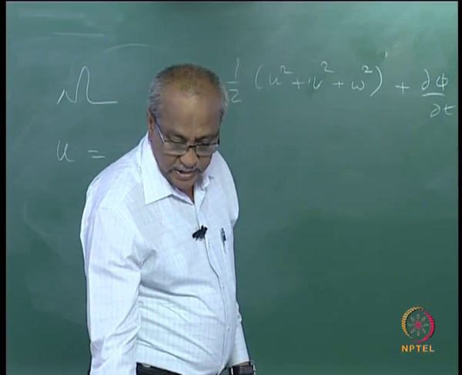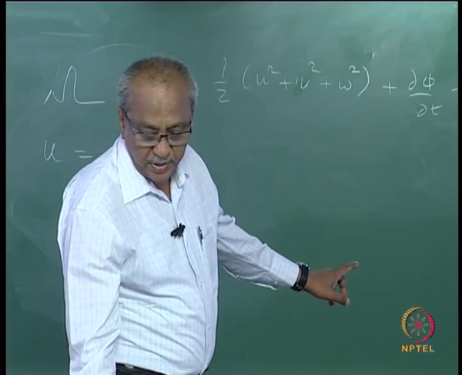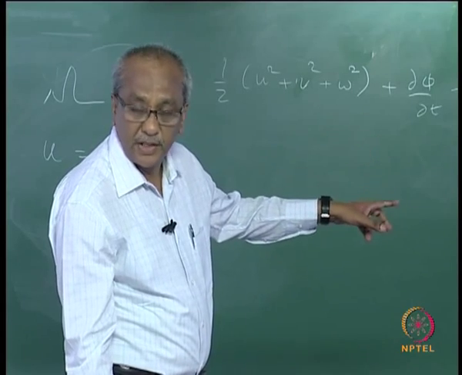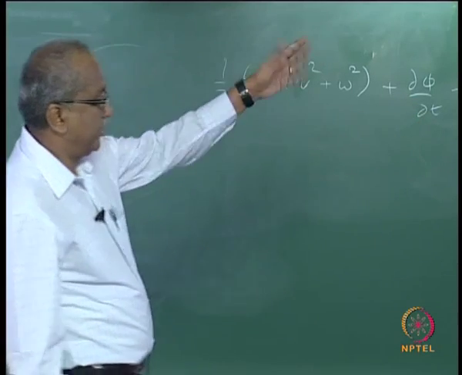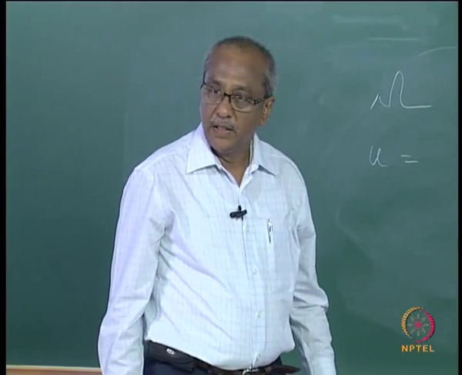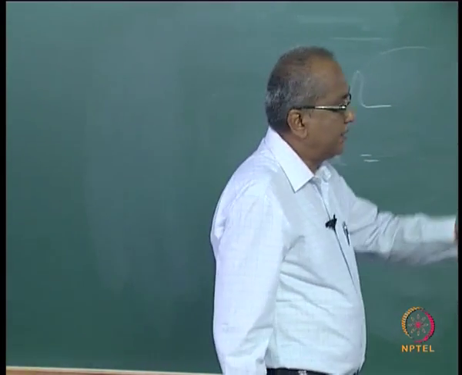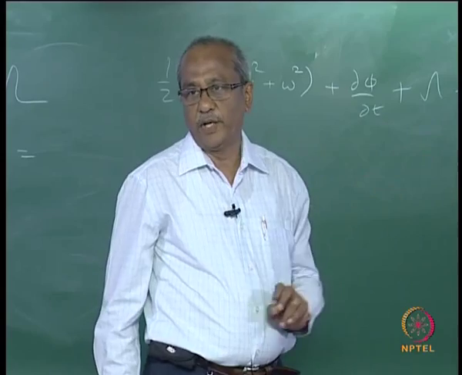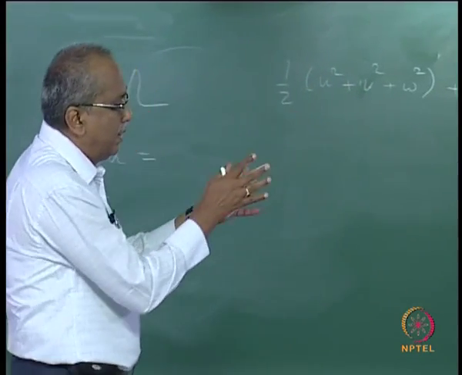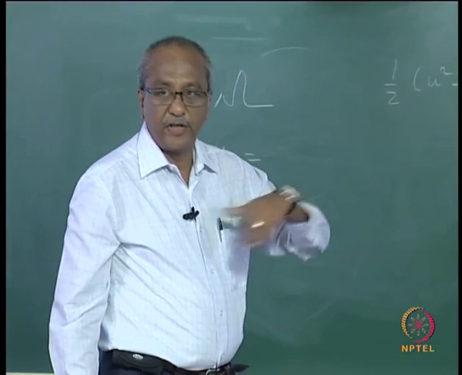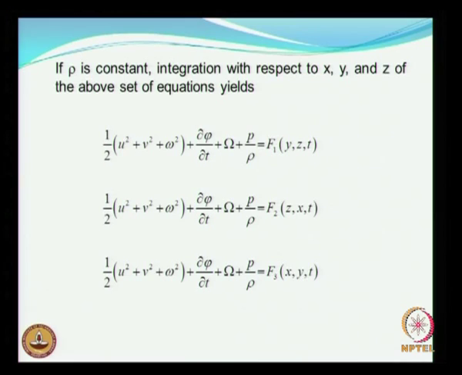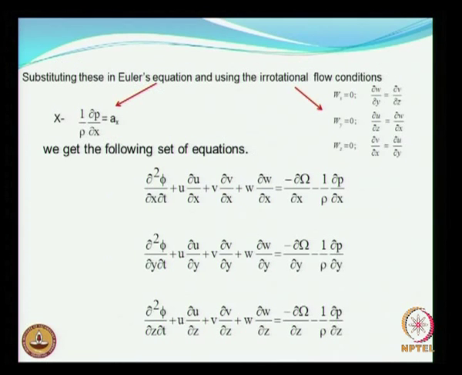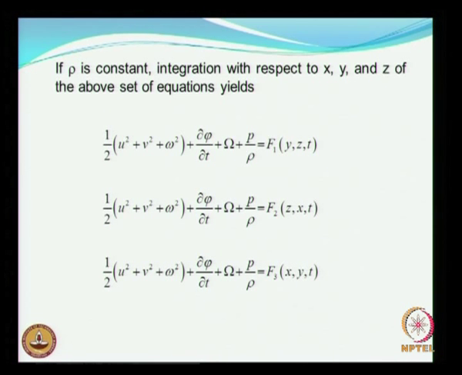What we are trying to do for the Bernoulli equation is representing the force and velocity potential, substituting these expressions in the Euler's equation we have derived, and at the same time taking care of using the irrotational flow conditions. Once you do this, this is the kind of expression you will get, and if rho is a constant, integration of this expression would result in this expression.